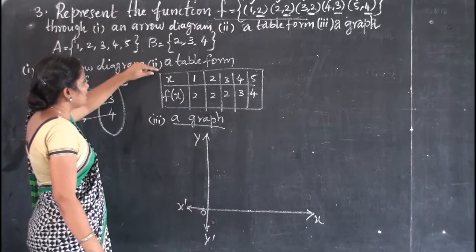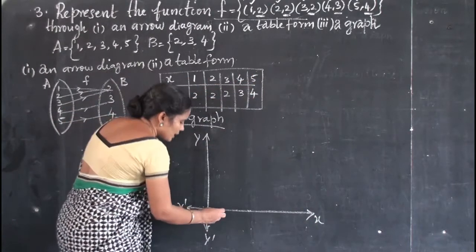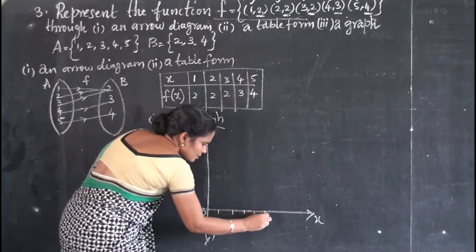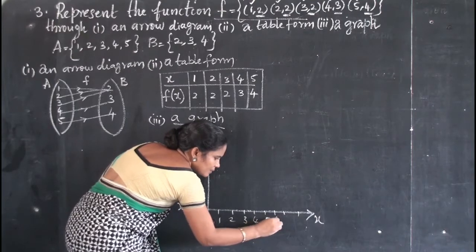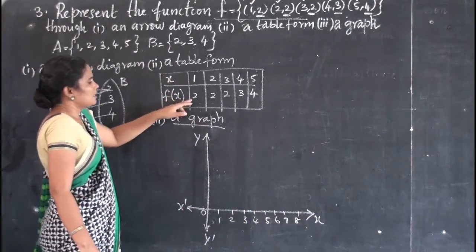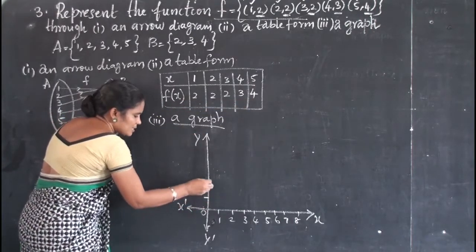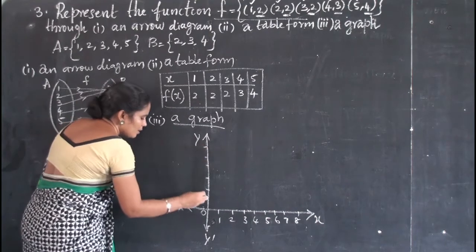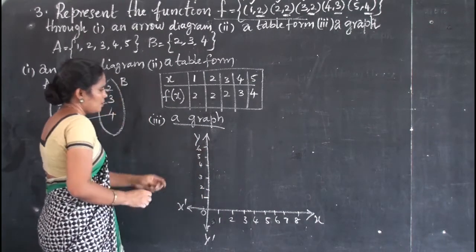Check which is the highest on the x-axis; the highest value is 5, so you can take 1 unit: 1, 2, 3, 4, 5. And for f of x, the highest value is only 4. Again, you can take each axis 1, 1: 1, 2, 3, 4, 5, 6.